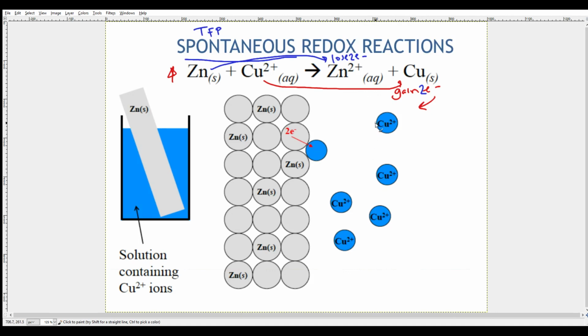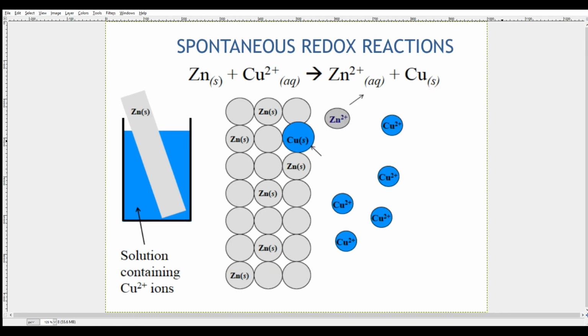So what will happen is one of these coppers will come up and bump into that strip of zinc, and that zinc will be like, hey, you want these electrons? And that copper will be like, yeah, sure, why not? And it'll take them, and that zinc ion will pop off into solution. Bloop. And it'll leave solid copper behind.